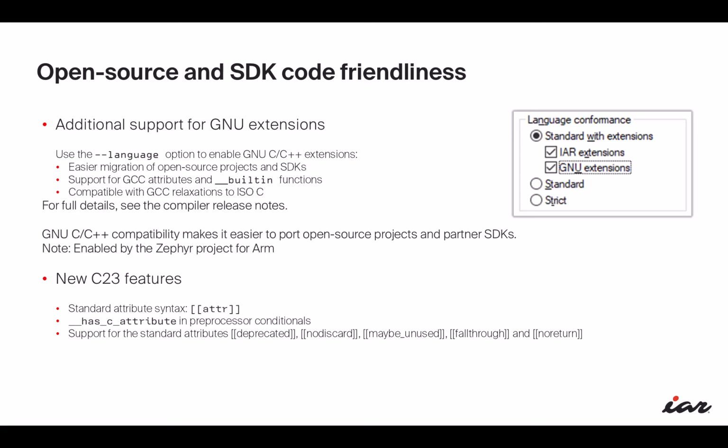This makes it easier for our customers to port projects from the open source community, and for our partners also to port their SDKs. And this improved GNU C and C++ language extension support was enabled from our work on Zephyr for ARM.